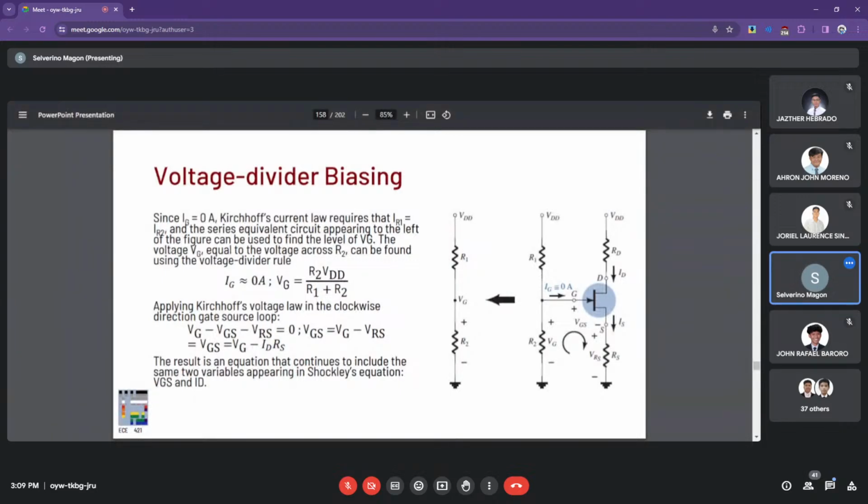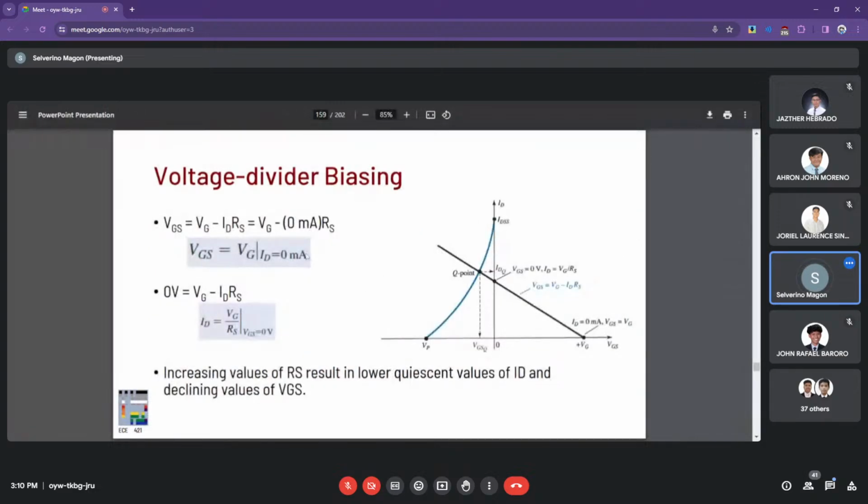And that VGS is equal to, well, just the equation is being rearranged in this case. So what we need to solve for now is the VGS and ID, and we'll go through the load line analysis for this one.